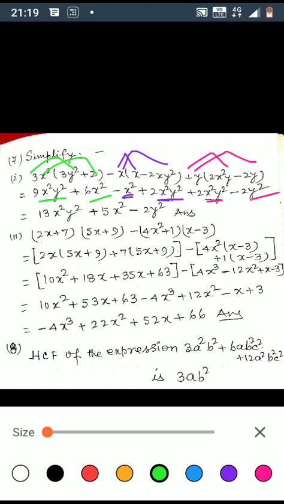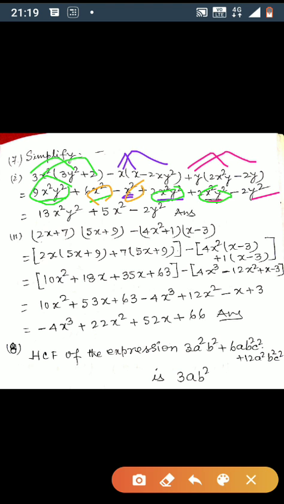Now 9x square y square, 2x square y square and 2x square y square are like terms. Add them: 9 plus 2 plus 2 is 13x square y square, plus 6x square minus x square equals plus 5x square, minus 2y square.